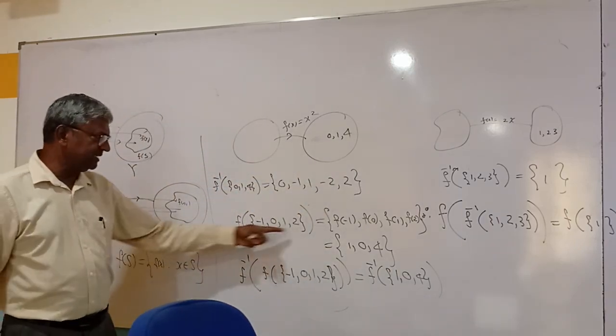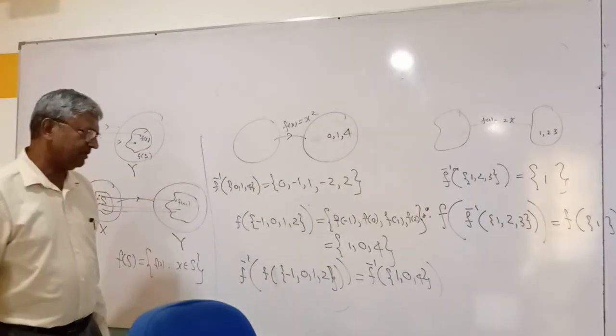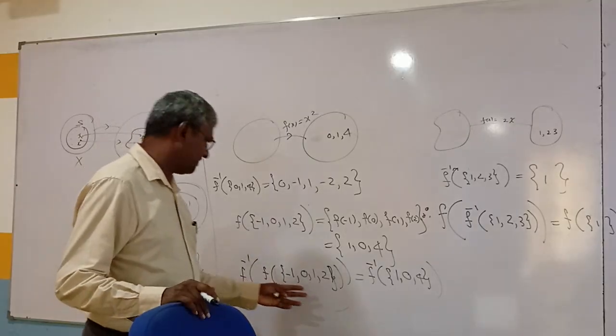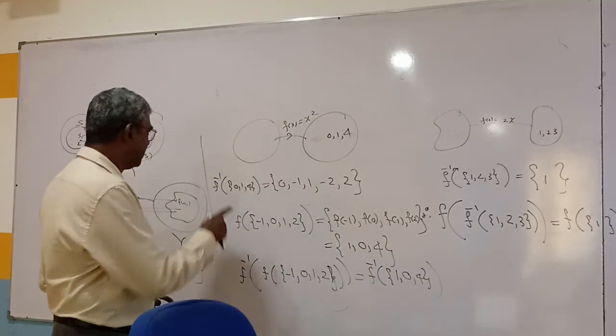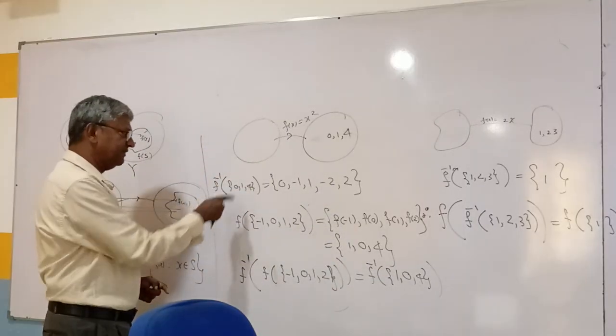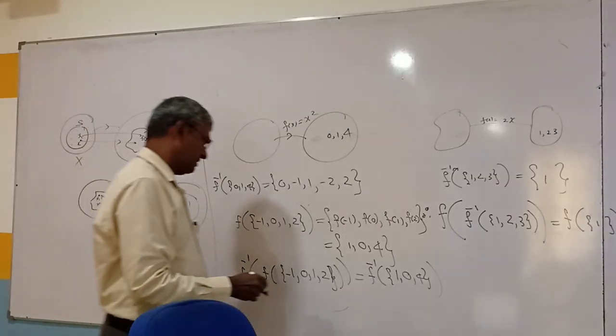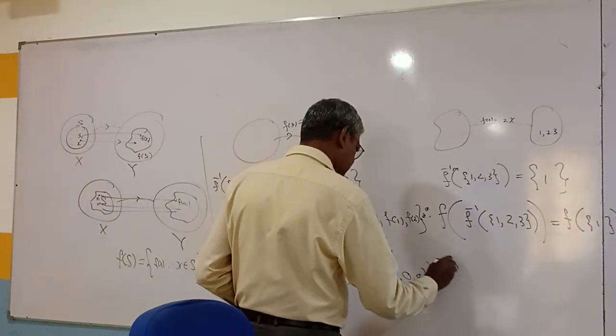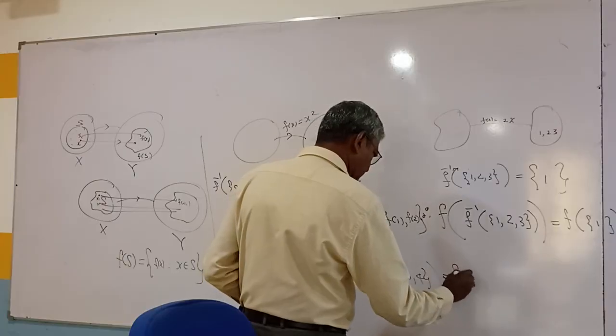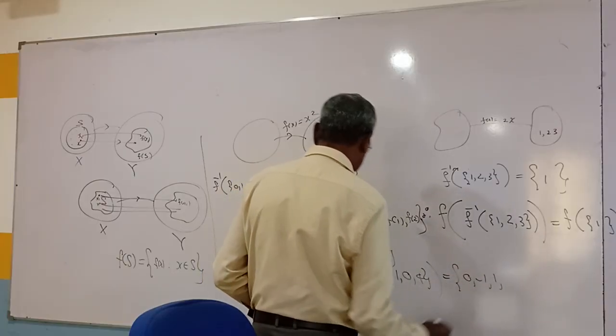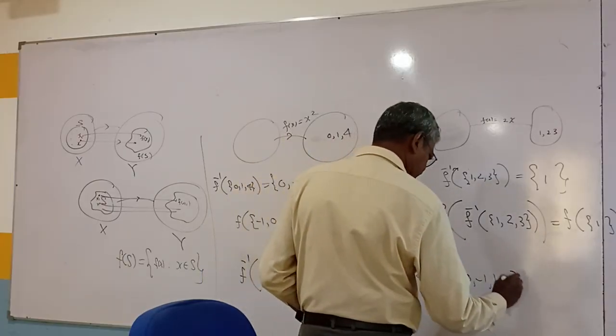Because I have computed f of the set as {1, 0, 4}, now I am going to compute f inverse of {1, 0, 4}. I have already done it. F inverse of {1, 0, 4} is {0, -1, 1, -2, 2}.